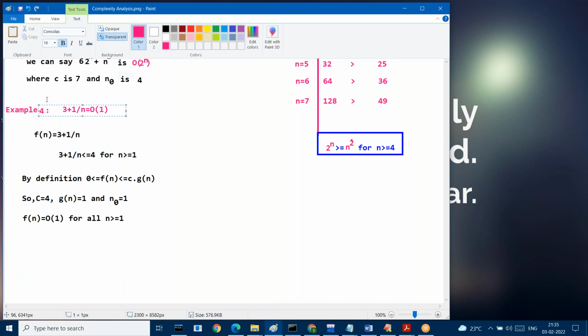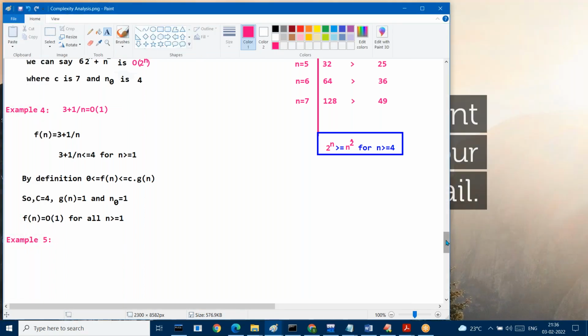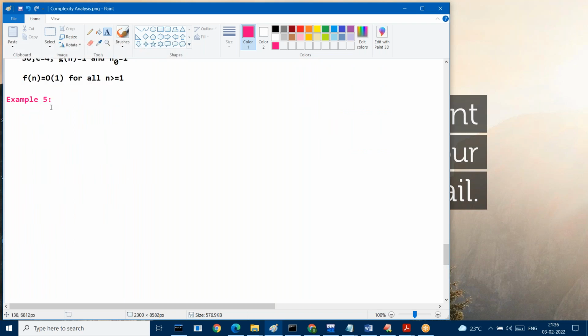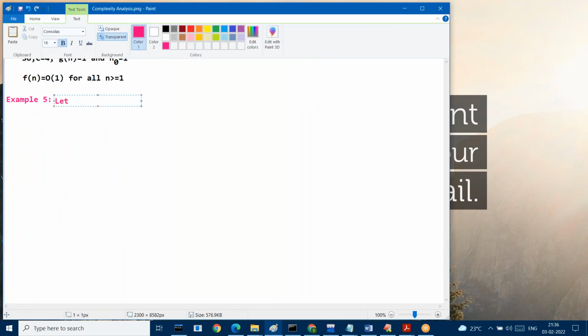This is example 4. Example 5. Observe here. Let f of n be equal to, first let me write it, then I will tell you what this is.